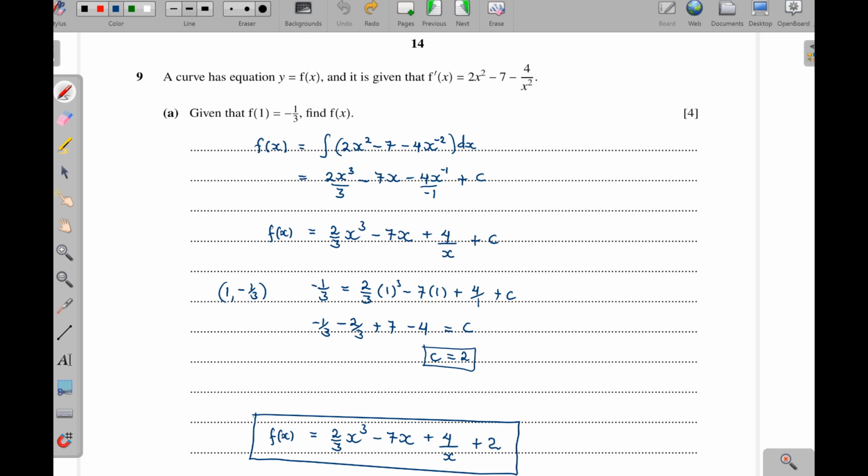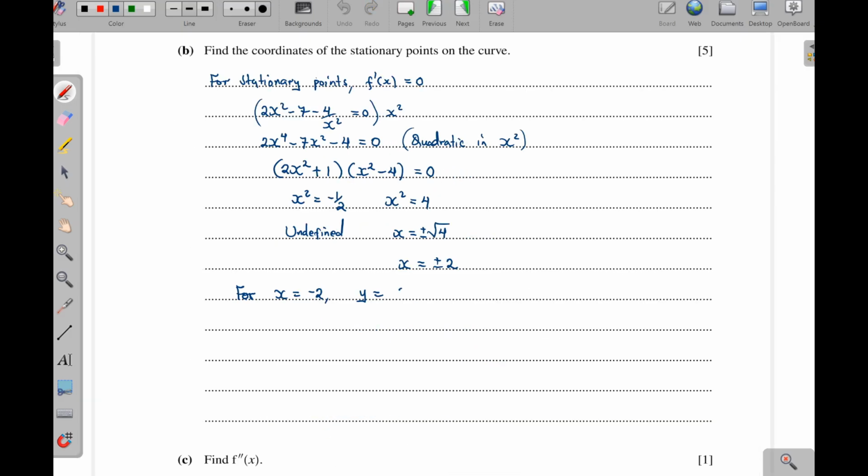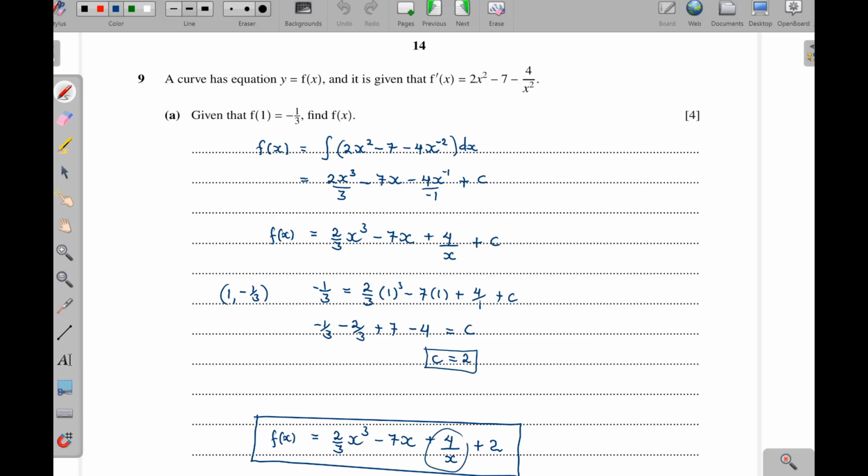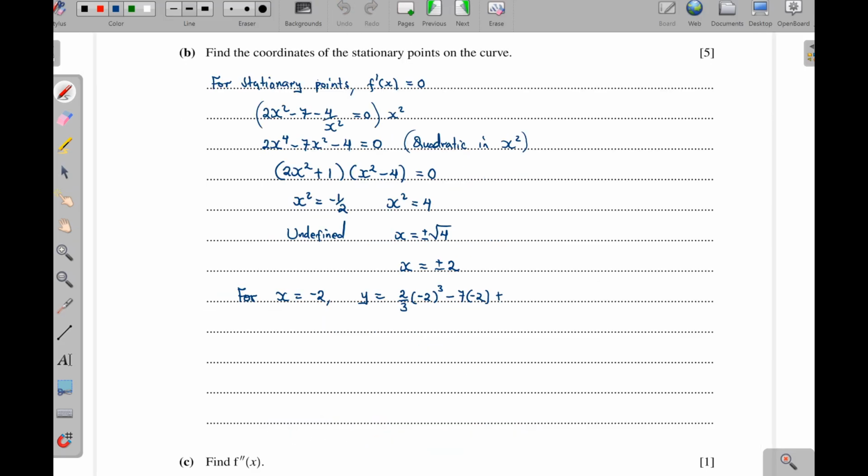So that is 2 over 3 of x. So our x is -2 and it is cubed. Then there is -7x. Okay, then plus, is it a plus? Yes, 4 over x, then plus 2.